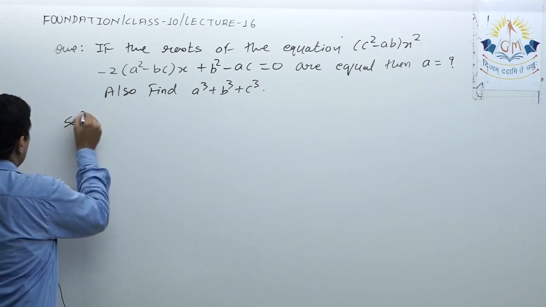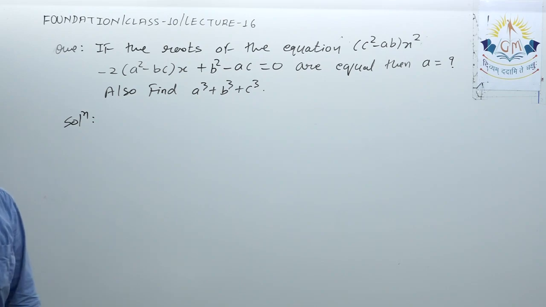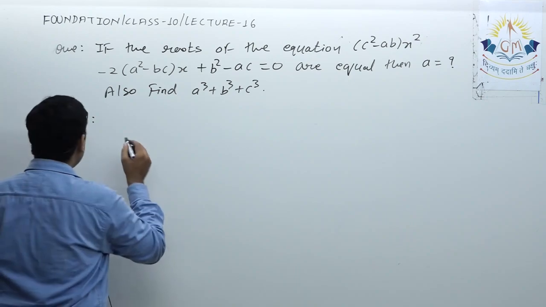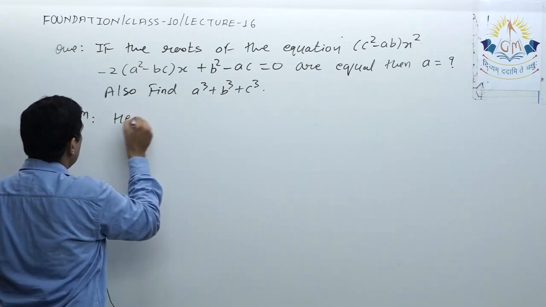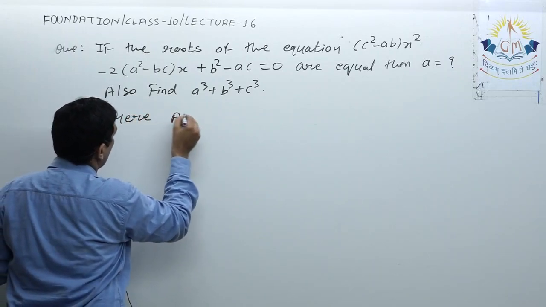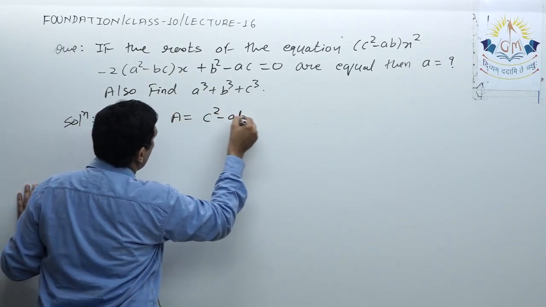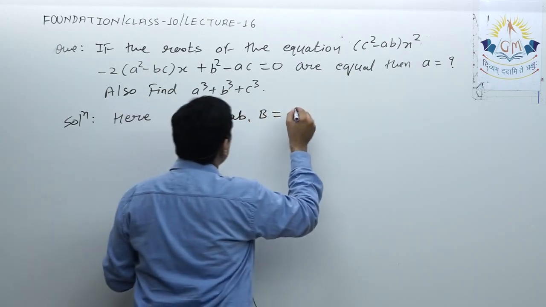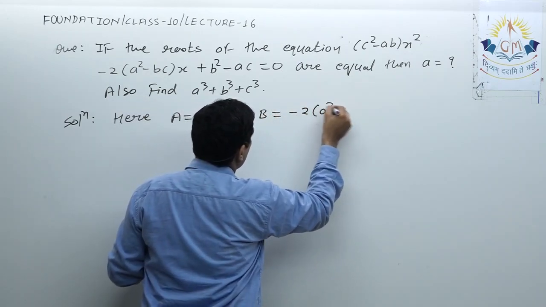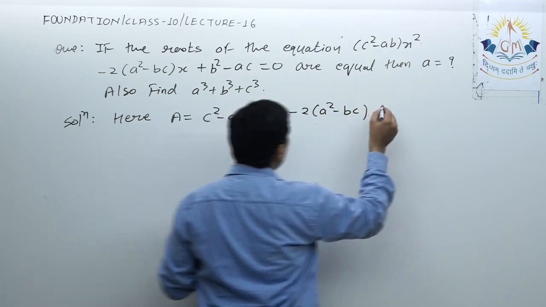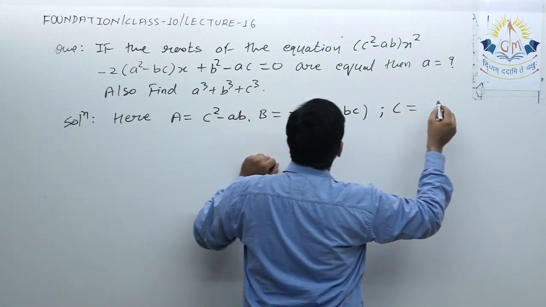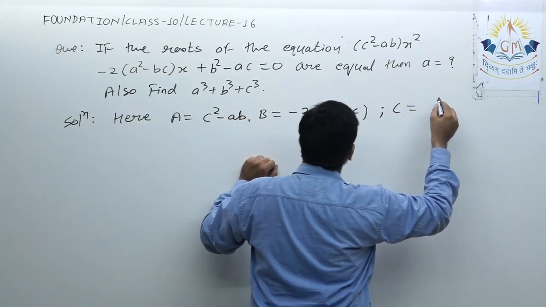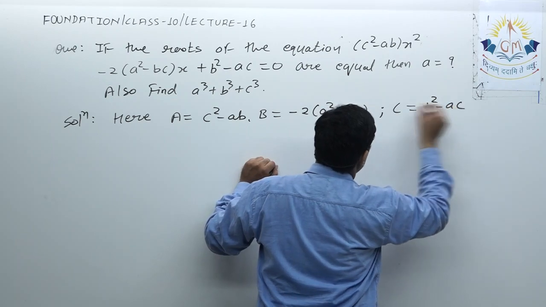So again the condition is that roots are equal. As the roots are equal, it means D must be 0. So here a is equal to c square minus ab, b is equal to minus 2(a square minus bc), and c is equal to b square minus ac.